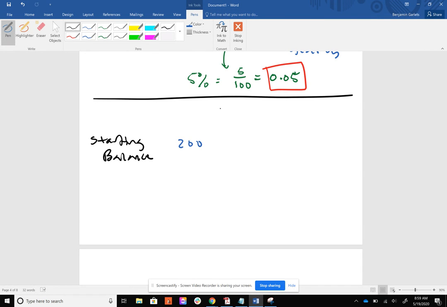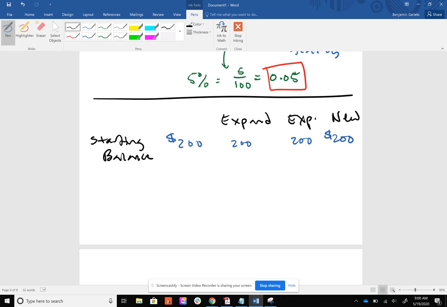And then I'm going to write this in expanded form, exponential form, and then a new balance. So for us, $200 is just written. It's expanded, it's exponential, and so our new balance when we start is just $200 because nothing's happened.